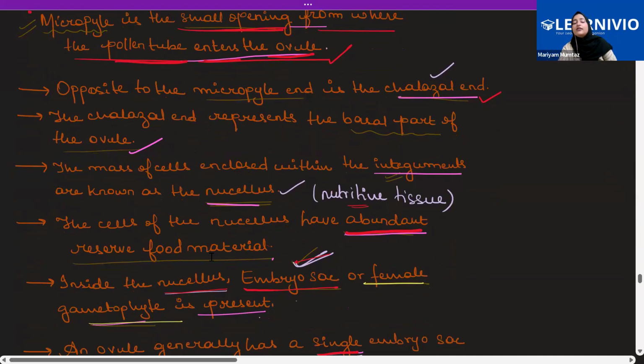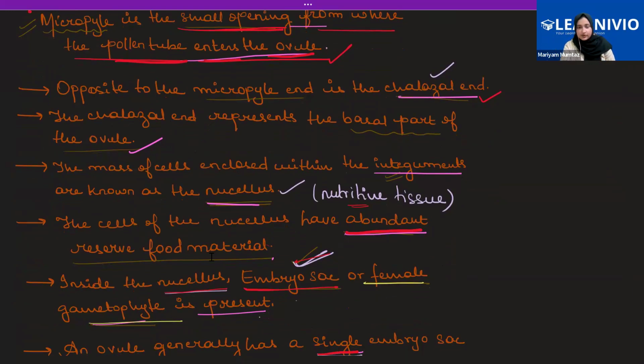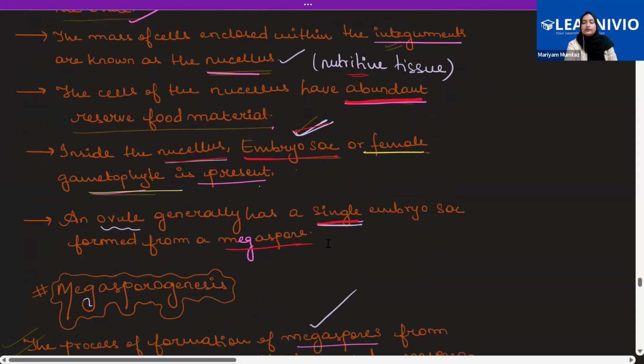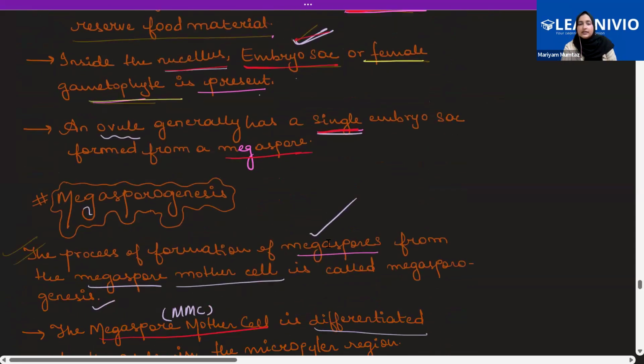Because they have abundant food reserve in them, so they are a storehouse of nutrients. Inside the nucellus there is the embryo sac, which is the female gametophyte, and one ovule generally has one embryo sac. Is it clear?